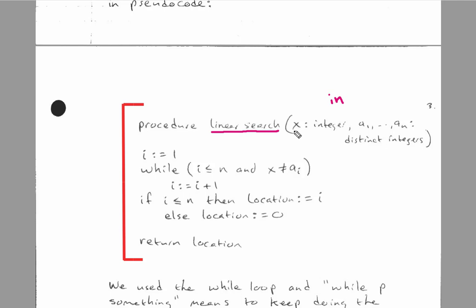The first thing it's expecting is an integer x. This is what it'll be searching for. The second thing is a list of distinct integers, a1, a2 up to an. So like before, a list of n integers. It starts off with i assigned the number 1.